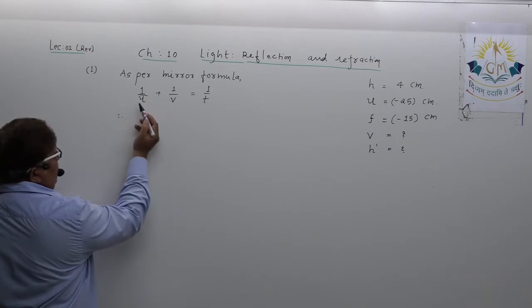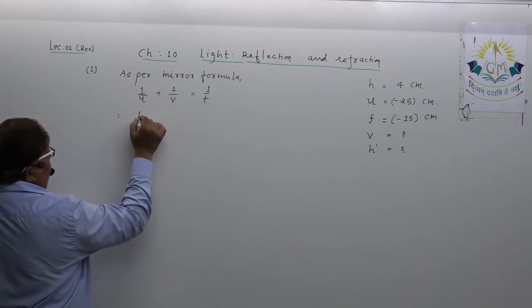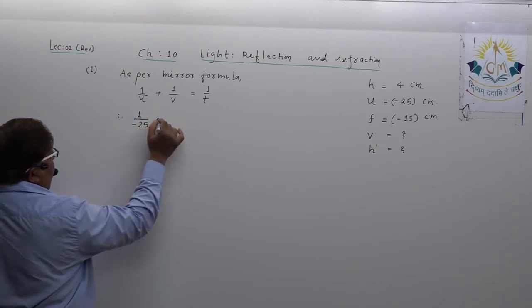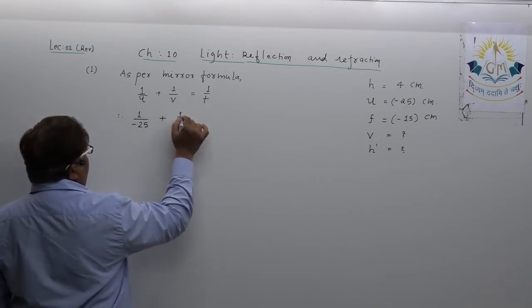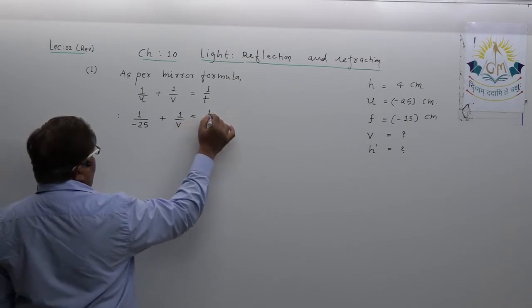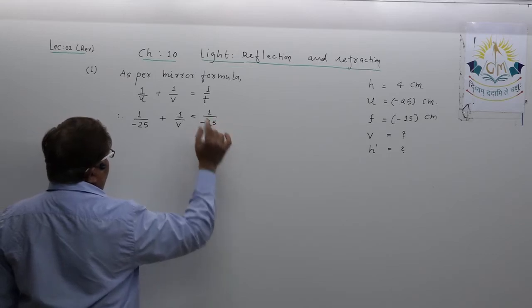Okay, what is u? Minus 25. So 1 upon minus 25 plus 1 upon v, we are looking for 1 upon what is f? Minus 15.